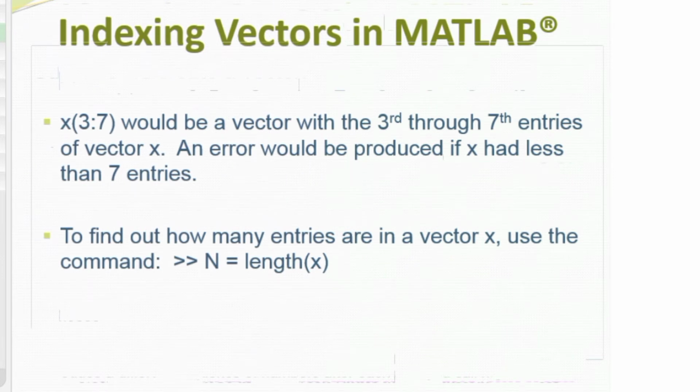So if I do x(3:7), that's going to produce a vector that contains entries 3 through 7 of my original vector x. If I want to find out how many entries are in a vector x, I can use the length command. length(x) will produce exactly how many entries are in that vector x.